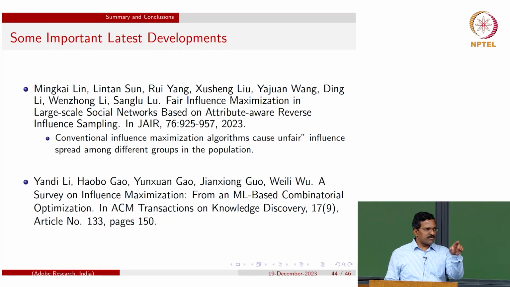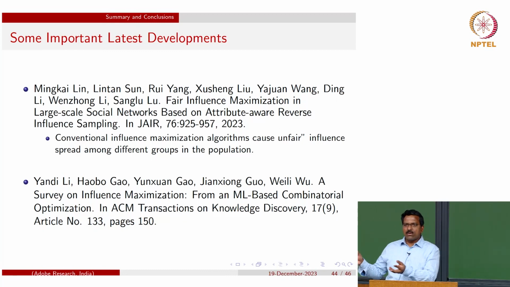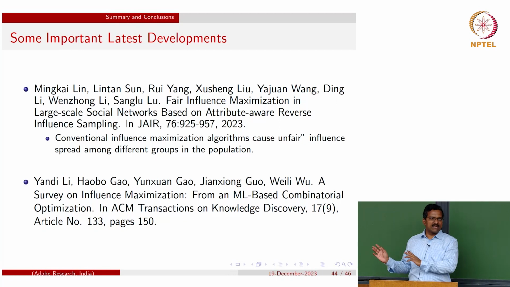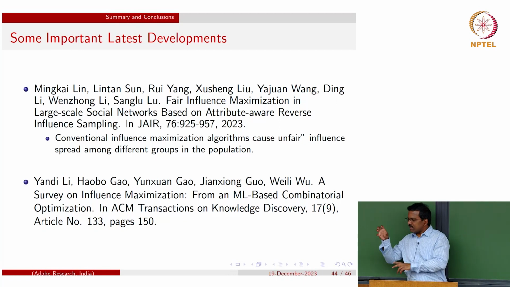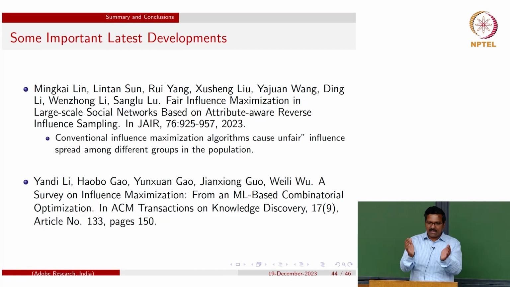Suppose my question is to select the top k nodes, and there are n nodes in the network. Then n choose k possibilities are there. Out of these n choose k possibilities, which is the ideal one to output? So they want to tackle that as a combinatorial problem, not like these greedy algorithms wherein they add one node at a time. They say that it's suboptimal actually. Okay, that is this paper.